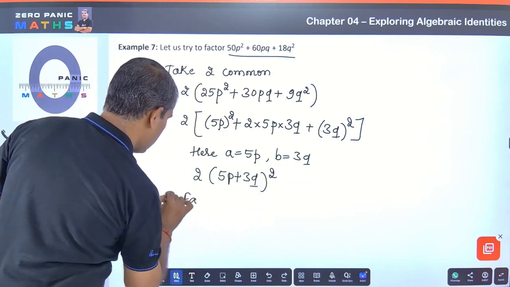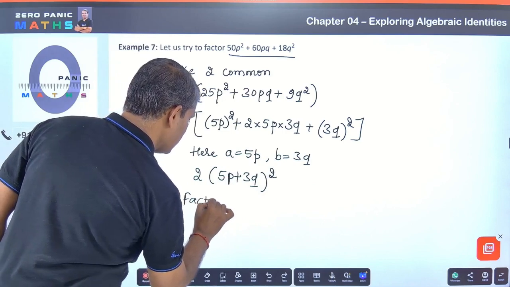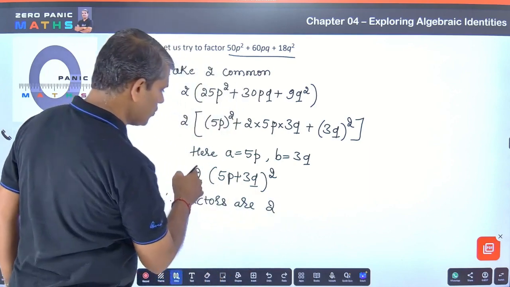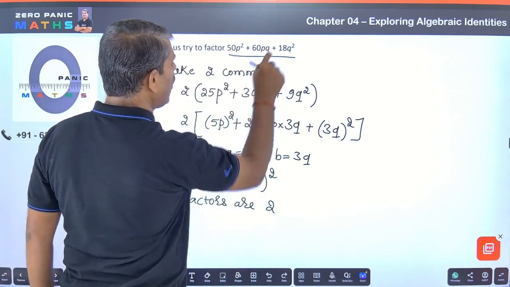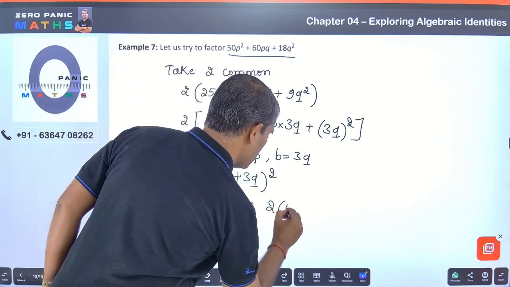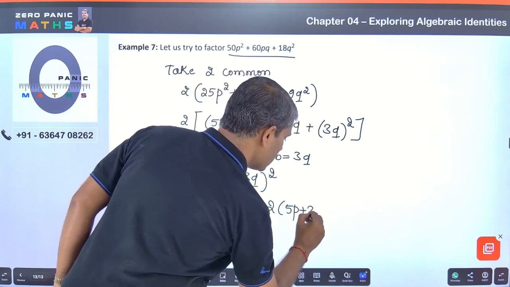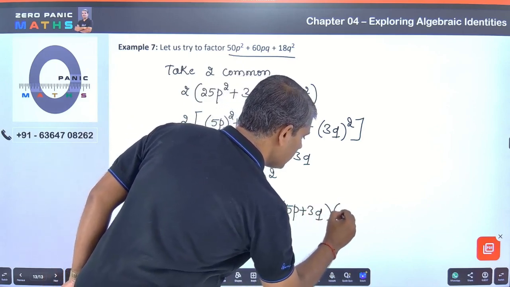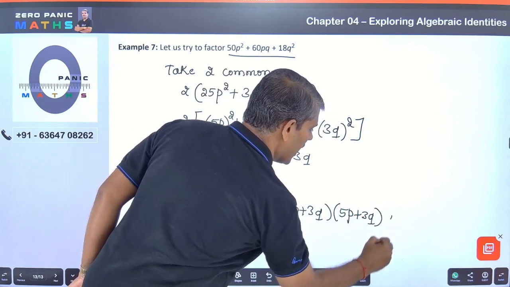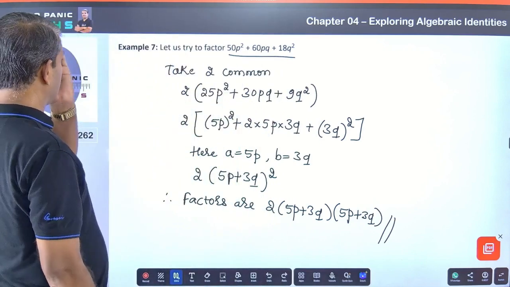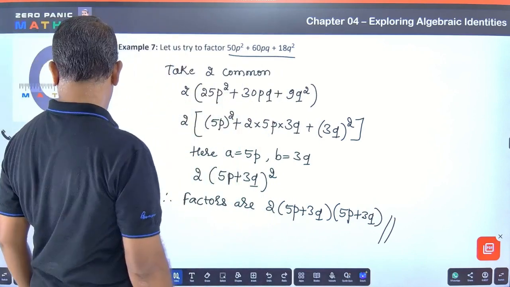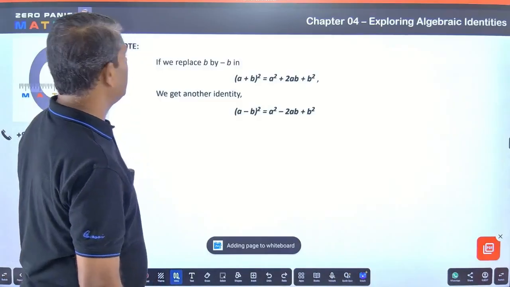Therefore the factors are 2, and you should not forget this 2, because it was common in all the terms of the given expression. 2 into (5p plus 3q) and another (5p plus 3q) is the answer for this example 7. Hope you understood this. Now let us quickly move to the next.